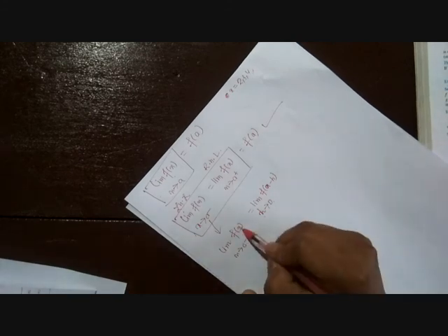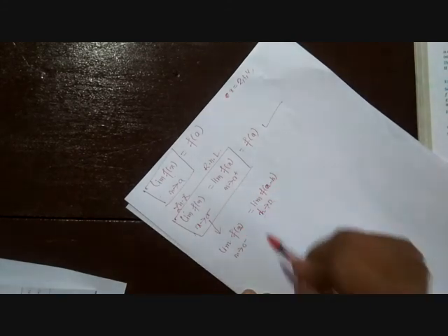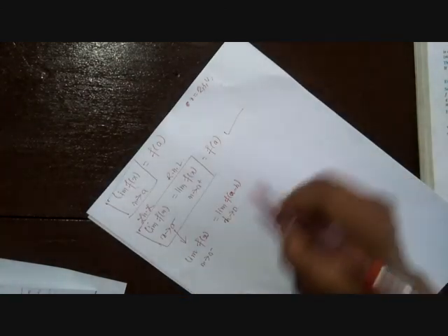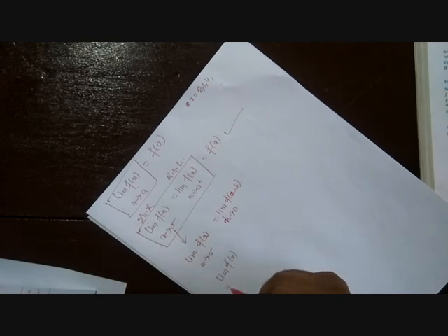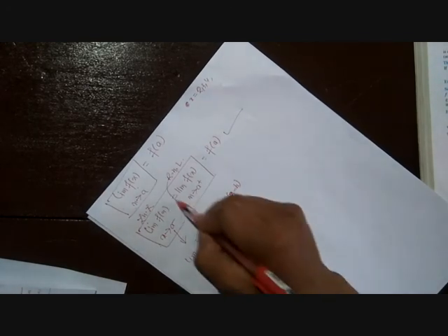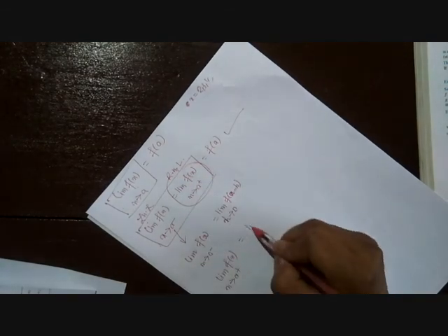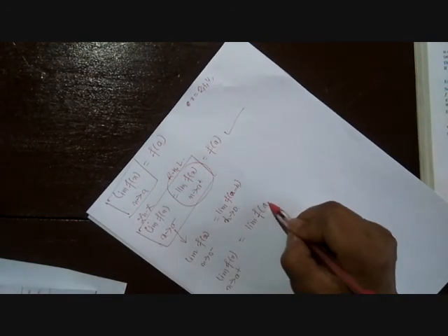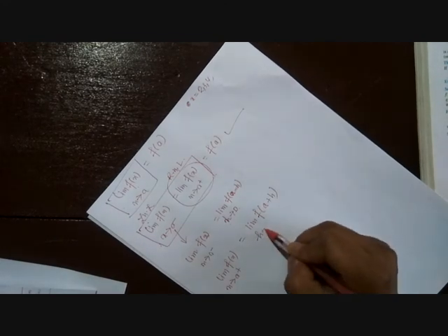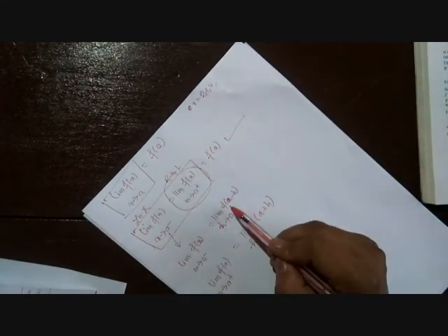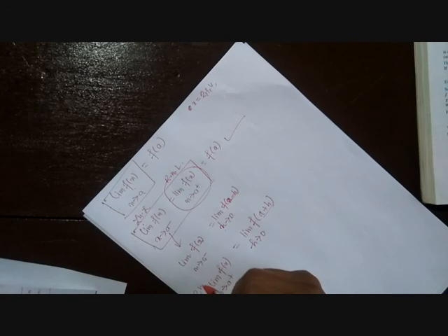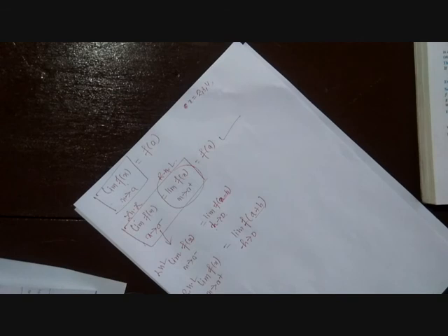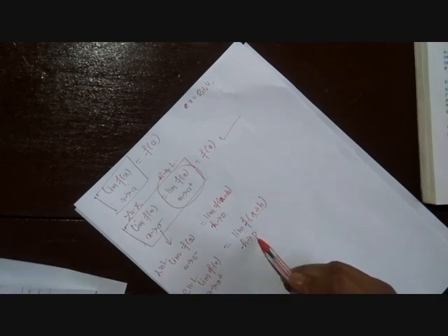Next, f(x) as x tends to a plus can be represented as f(a plus h) with h tending to 0. So x is being replaced by a plus h here, and this is the right hand limit, and the other is the left hand limit. What is h here? h is a very small number, very close to 0, so it's tending to 0.